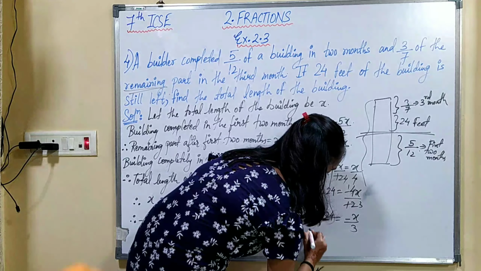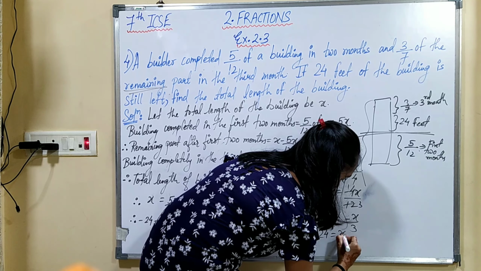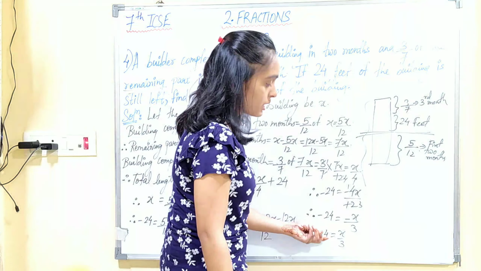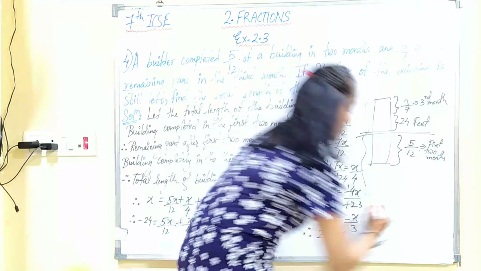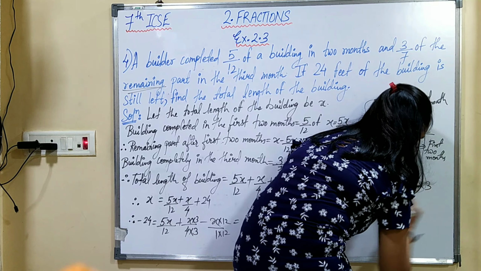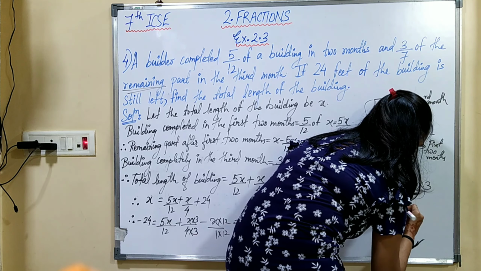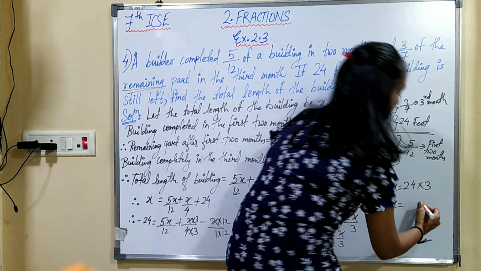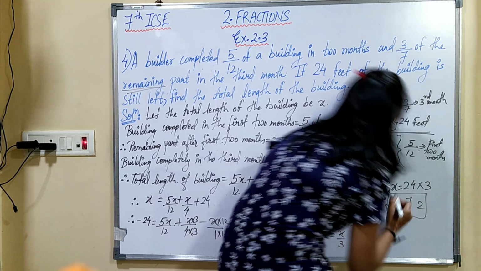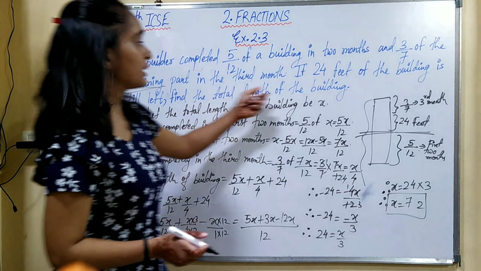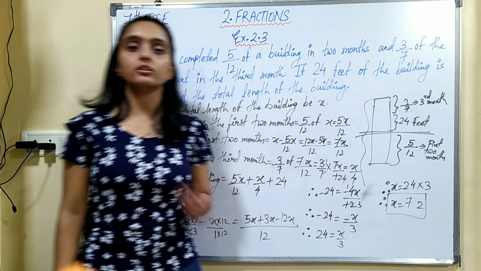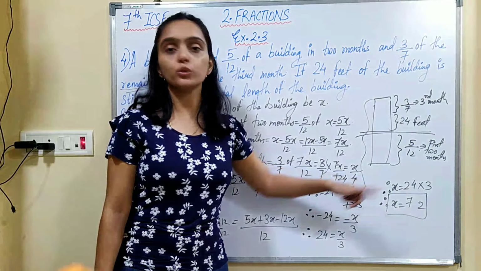So you are left with 24 equals to x upon 3 and this 3 will be transposed that side. So it will get multiplied with 24. So therefore x equals to 24 multiplied by 3. Therefore x equals to 72. And x was total length of the building, so it will be in feet. So thus you will write here that the total length of the building will be 72 feet.